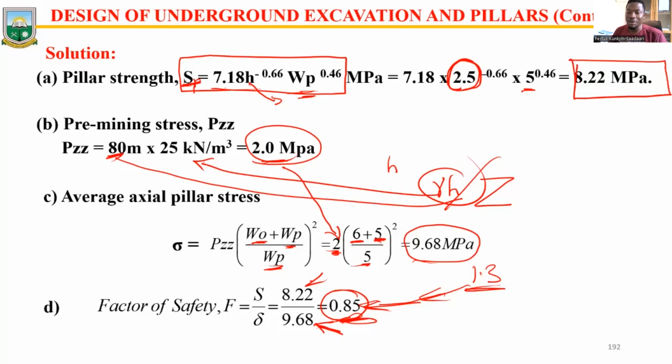Mr. Enu, are you there? Maybe increase the width of the pillars. We should increase the width of the pillars. Okay. Then that means more ore as pillars to achieve the factor. Okay, that's one of the things we can do.